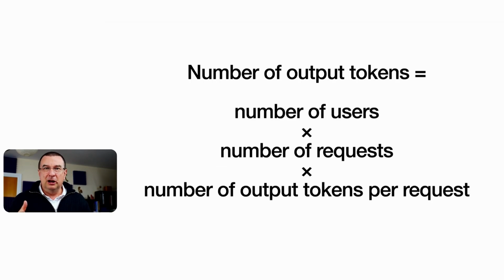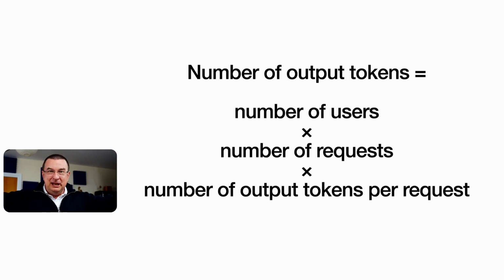The number of output tokens that the AI lab would be selling is the number of users times the number of requests those users make, and then the number of output tokens that are generated for each of those requests.